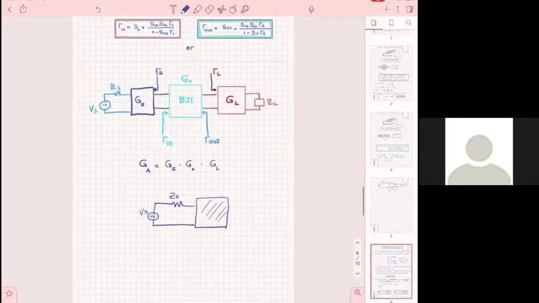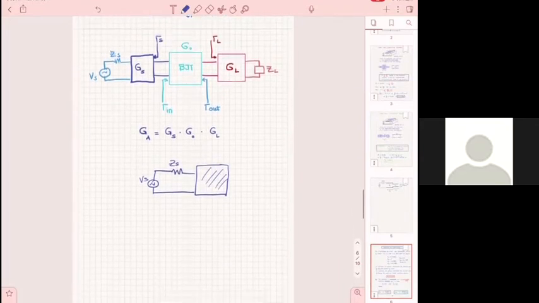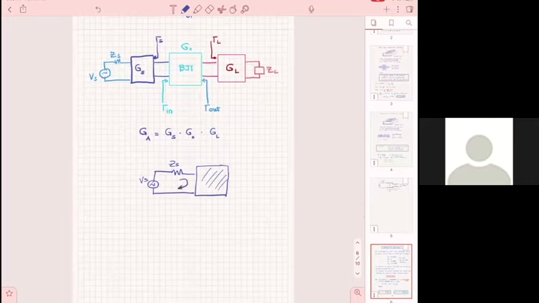No reflection here, if you say that I want zero reflection, that implies that the input impedance here is the same as this above. That gives you zero reflection, but it does not give you maximum power.